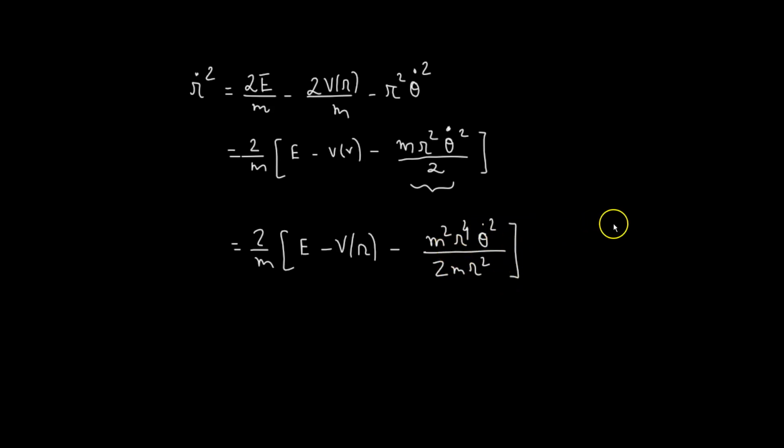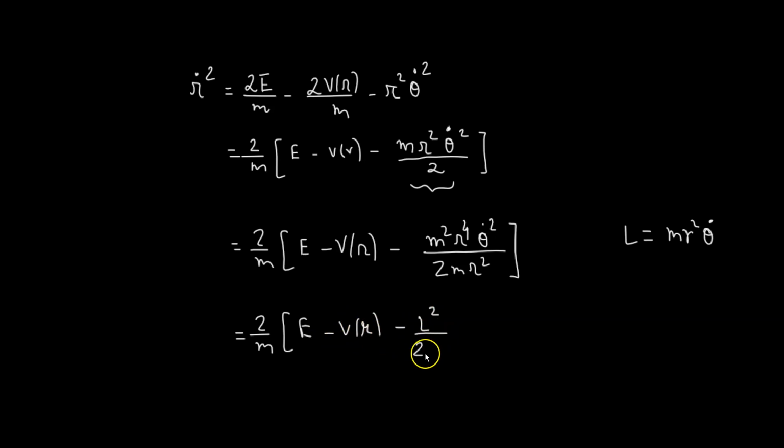Why have we done this? Because we know that L, the angular momentum, is given by m r square theta dot. So our expression becomes 2 over m times E minus V of r minus L square divided by 2 m r squared. So this is r dot squared.